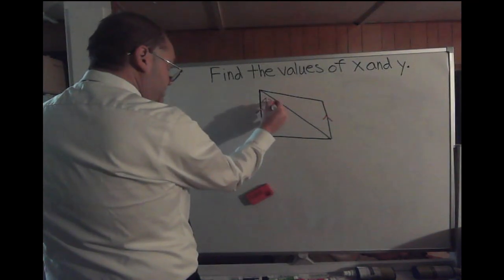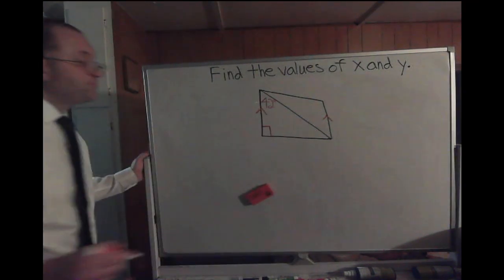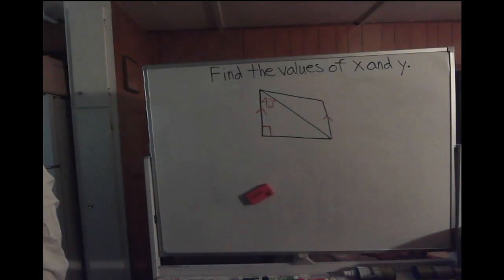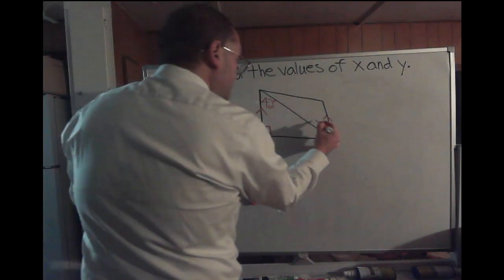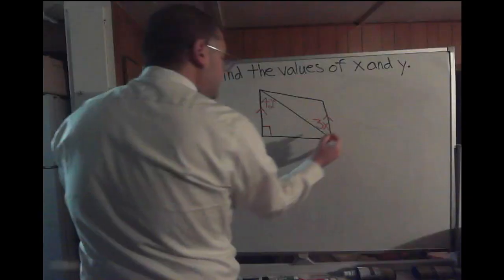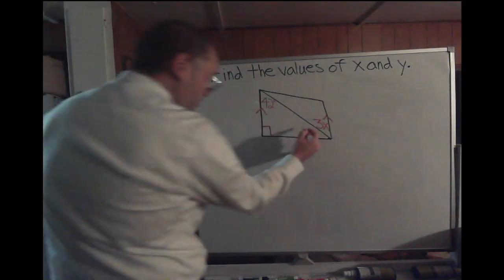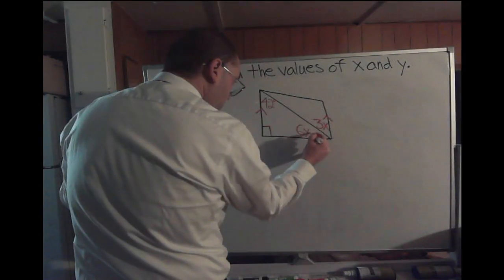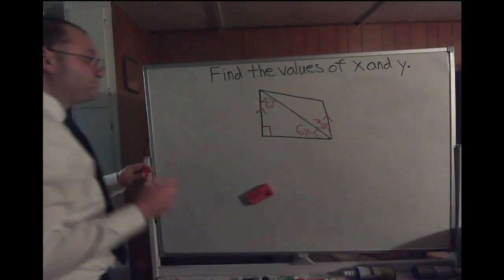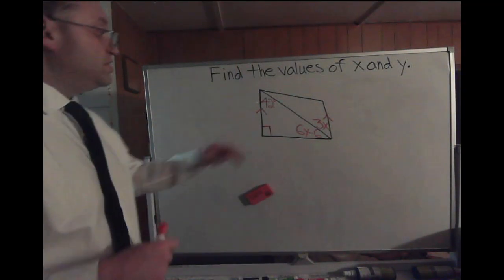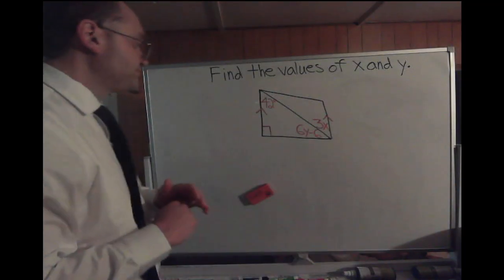We have 42 degrees here. This angle right here is 3x. This angle right here is going to be 6y minus 6. So we have to solve for x and y.